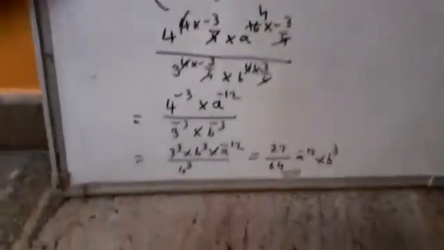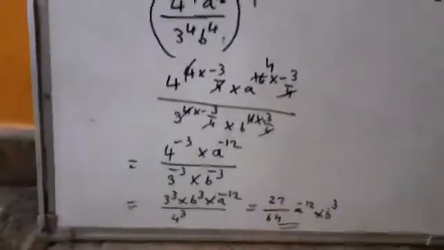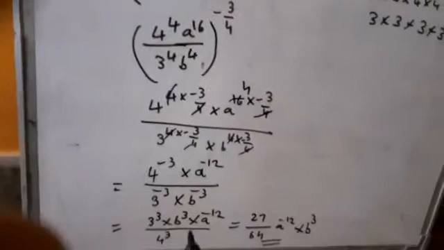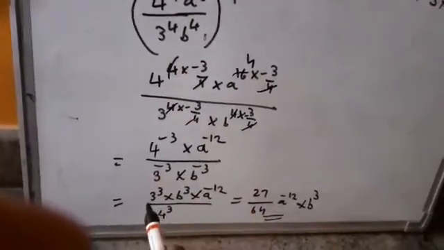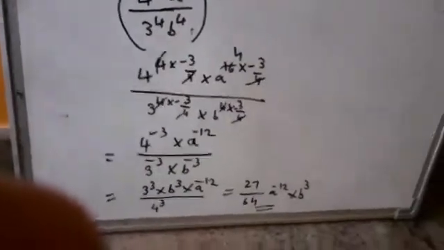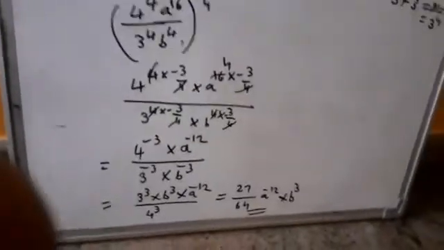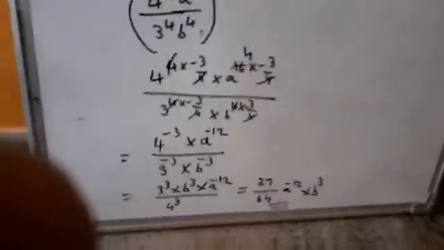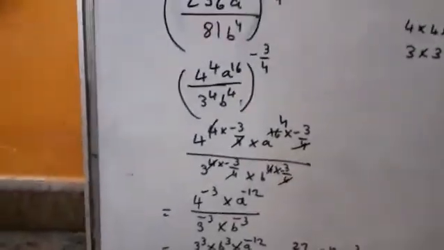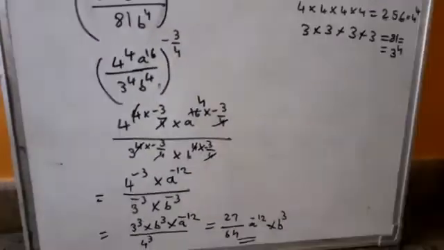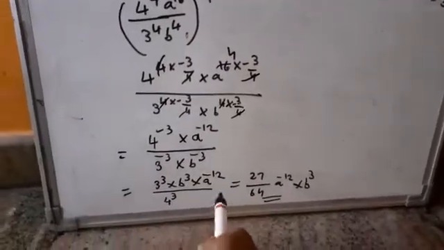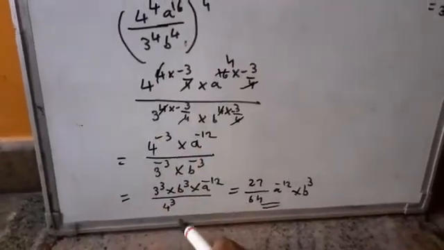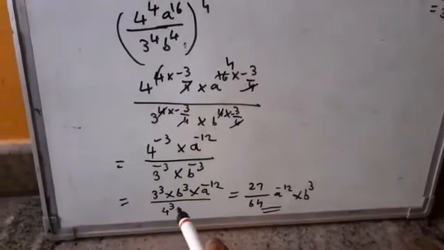Next, as I explained, 3 to the power of minus 3 will go to the numerator, minus 3 will become plus 3, that's why 3 to the power of 3 into b to the power of minus 3 also goes to the numerator, b to the power of plus 3. Next, a to the power of minus 12 same, divided by 4 to the power of minus 3, it will come to the denominator, 4 to the power of 3.